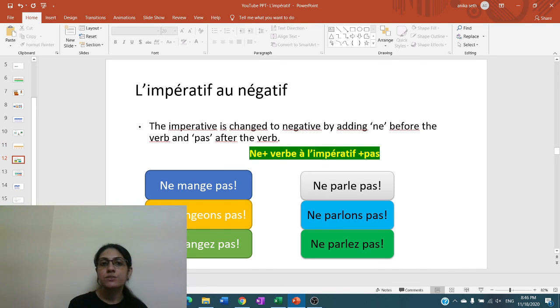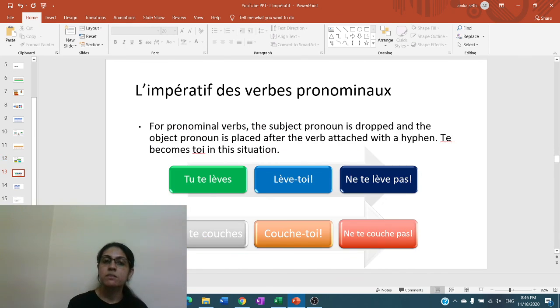Next was the negative form of the imperative, that is the sentence structure ne plus verb plus pas. So ne mange pas, ne mangeons pas, ne mangez pas, ne parle pas, ne parlons pas, ne parlez pas. With the imperative in pronominal verbs, the object pronoun comes after the verb in the affirmative, but in the negative it goes back to the original place, that is before the verb. So tu te lèves becomes lève-toi and ne te lève pas.